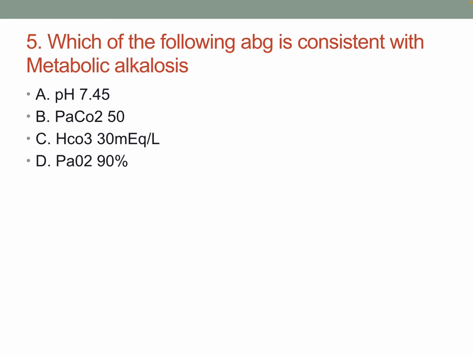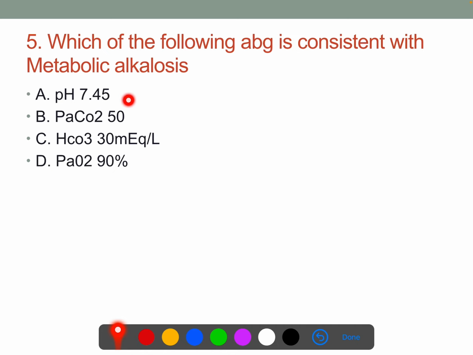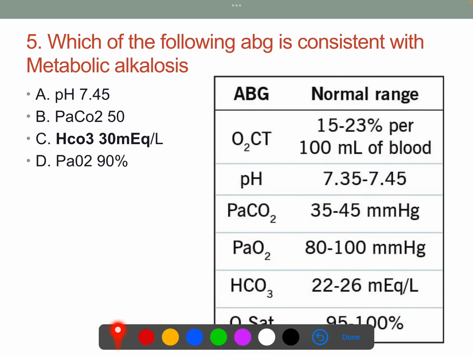Nothing looks abnormal other than this, so the answer will be HCO3. It is quite a twisting question. 7.45 is a borderline, so you should not get confused. Okay, so bicarbonate is the answer.